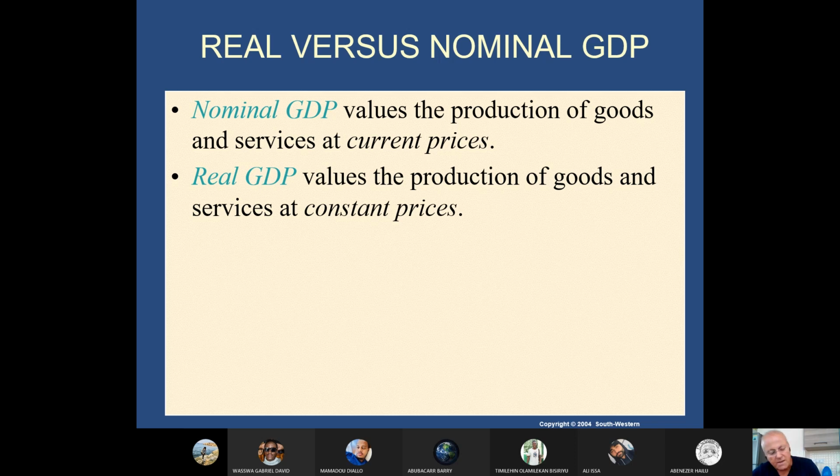But if you are calculating this in nominal terms, in nominal values, you understand? Yes. Not in base year, not in constant prices.